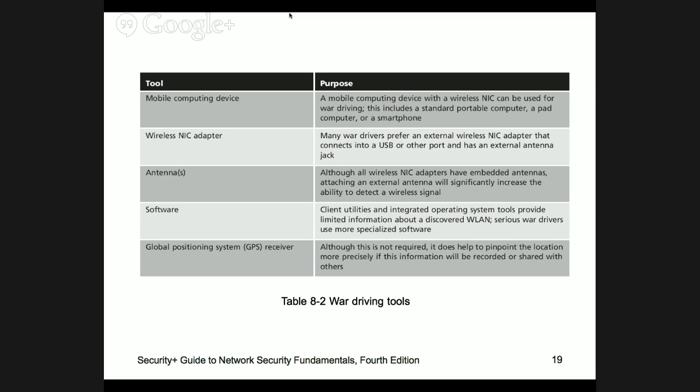Although all wireless NIC cards have embedded antennas, attaching an external antenna will significantly increase the ability to detect wireless signal. Software: there's tons of software out there to discover WLANs, and serious wardrivers use more specific software like NetStumbler as an example.